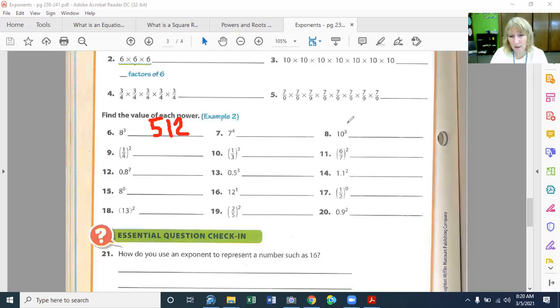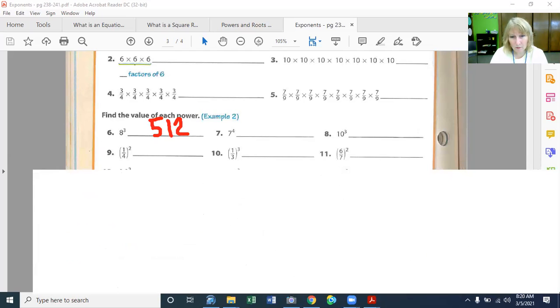Okay, let's do number 8, 10 to the 3rd. Well, that's 10 times 10. Actually, let's do that on a white space here. Put that back for a minute. So that's going to be 10 times 10 times 10, right? 10 to the 3rd power, the base multiplied by itself, the number of times shown in the exponent.